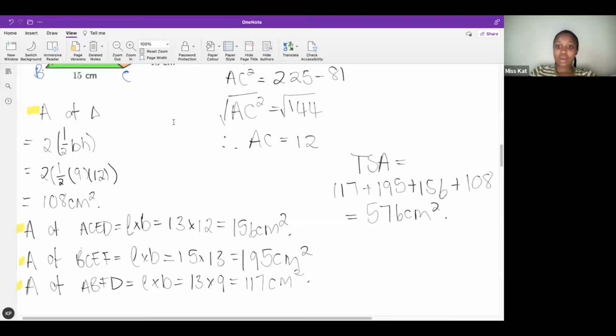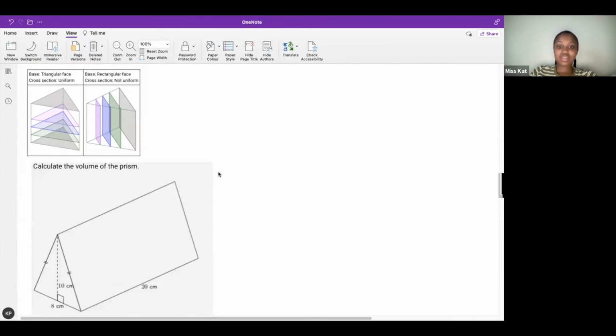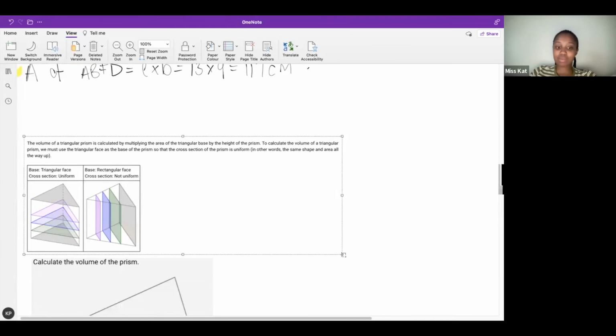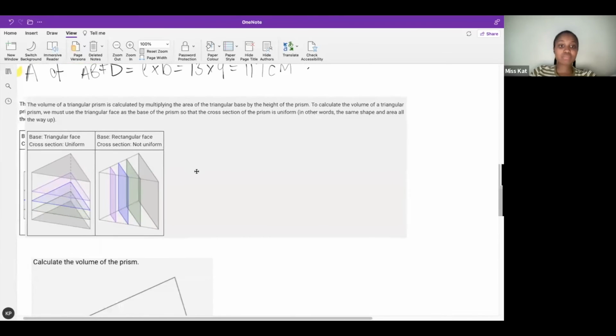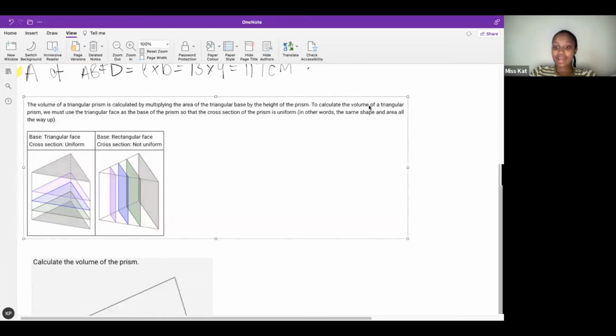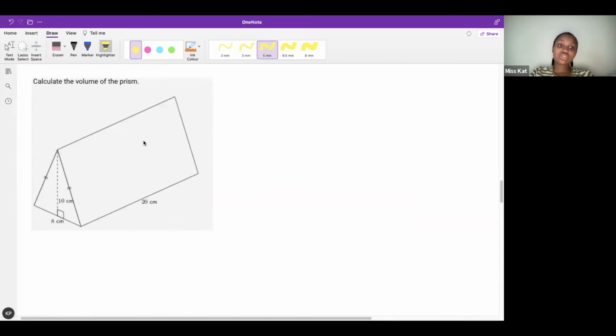There we go, Tommy. Area of base times the height. So whatever your base is, it's the area of that base times your big height. Thanks, Tammy. To calculate the volume, you say triangular face times the big height.